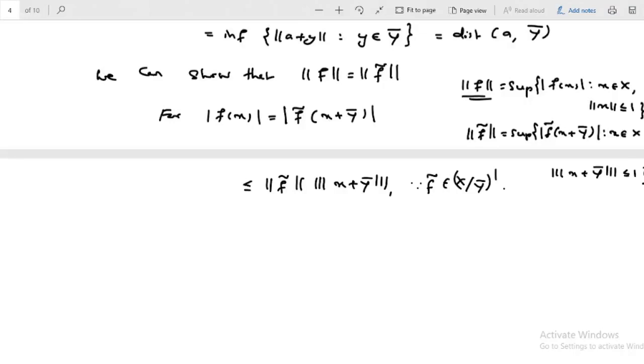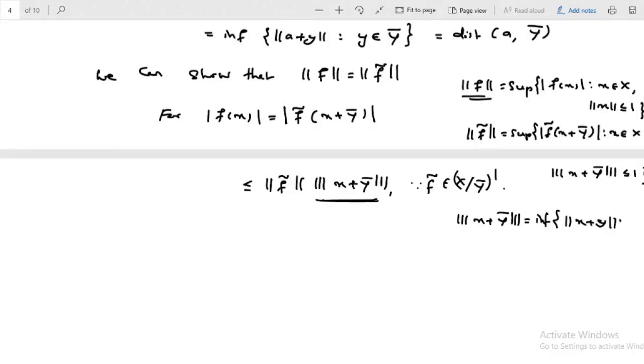Then, as we said earlier, we have already stated the proof. The quotient norm of x plus y closure is the infimum of the set norm x plus y such that y belongs to y closure.